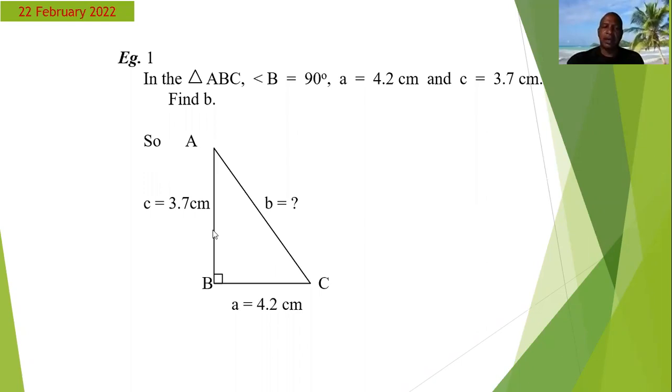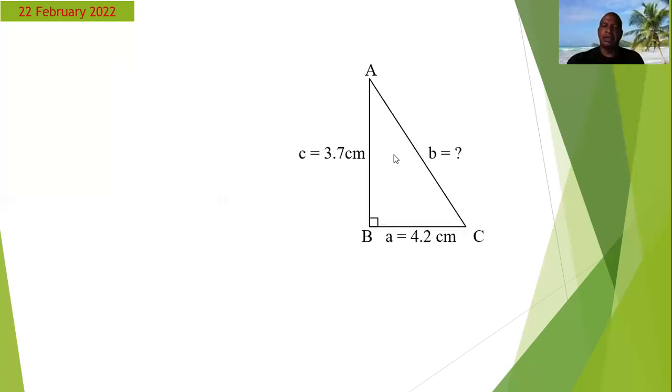In terms of the formula, we would have to write the formula based on the longest side. The formula always starts with the longest side, which is the hypotenuse, and the longest side is labeled with B. So from the formula, we would have B squared is equal to A squared plus C squared.